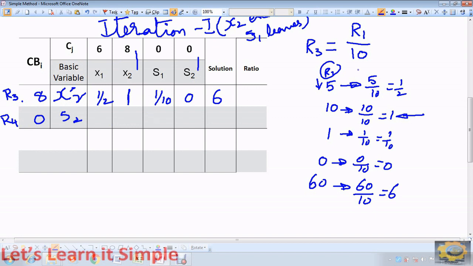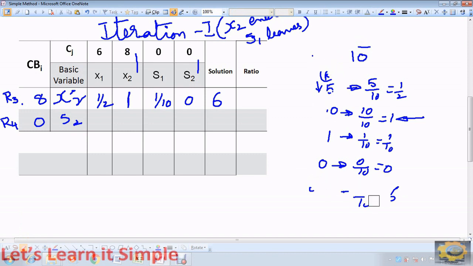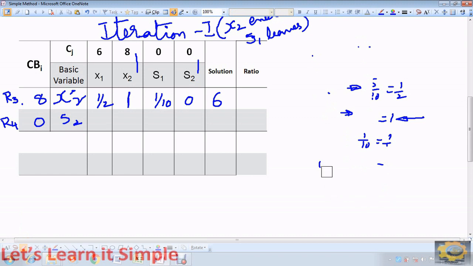And how about R4? So for R4, let me erase this and take R4. Now here we need to define R4.